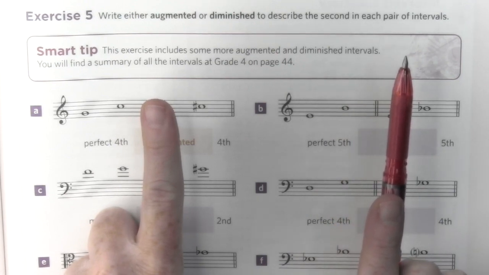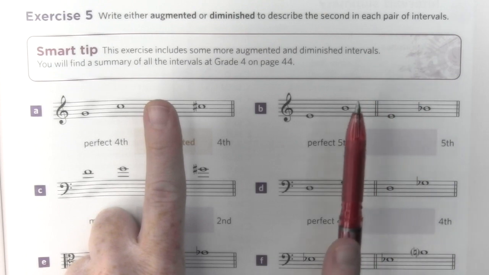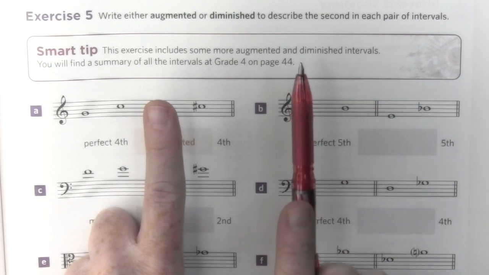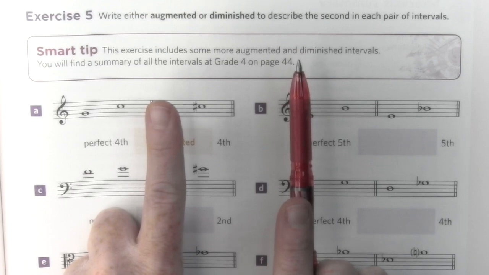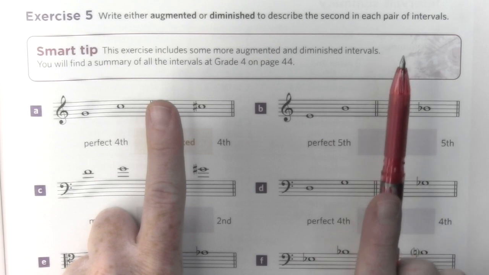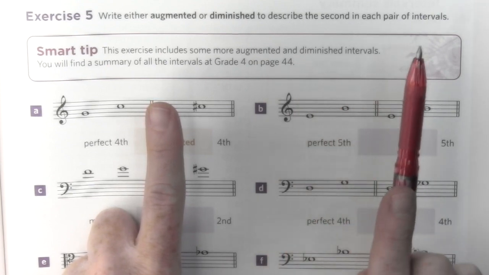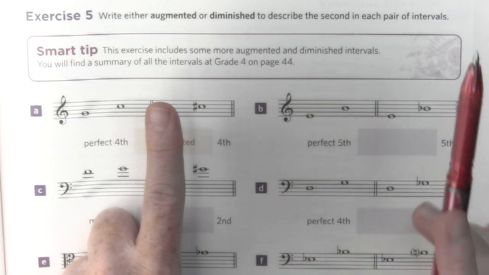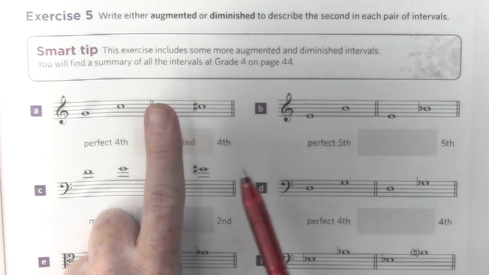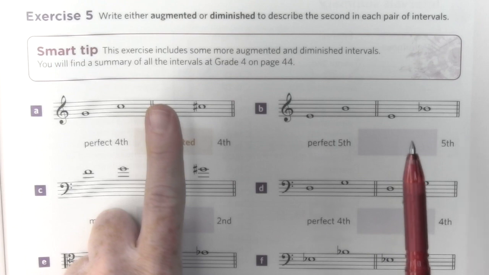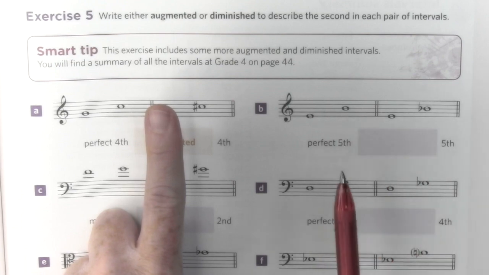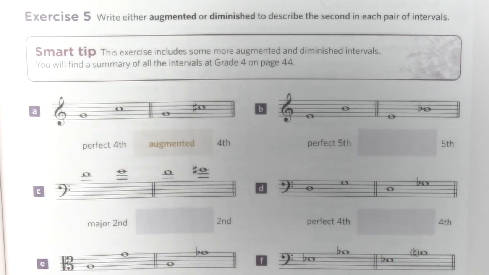Therefore, we create an augmented interval. If we put a flat, we shorten the distance, so we create a diminished interval. So try to visualize this kind of movement. We wouldn't need the keyboard to answer these questions, but actually it would be much easier and quicker.